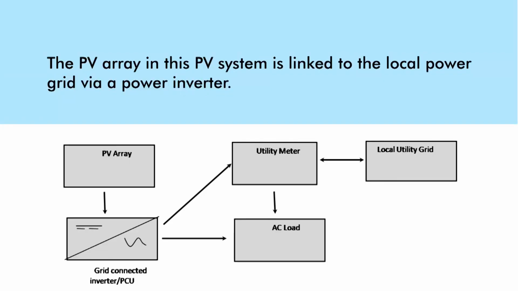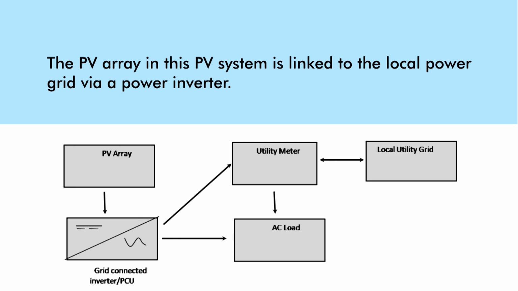This figure shows a block diagram of the main components of a grid connected PV system. Basically it is made of three major components: a PV array that converts solar energy into DC power, then a grid connected inverter that converts DC power to AC power and also generates sinusoidal power that will be used by the local AC load, or you can say it will be used by the consumer.